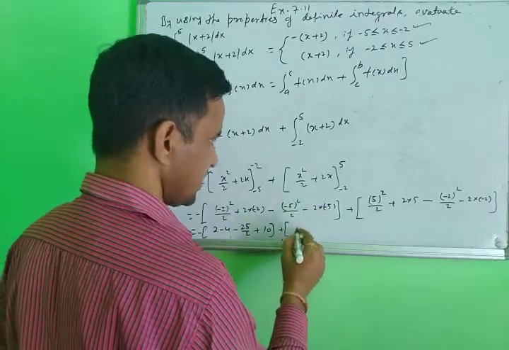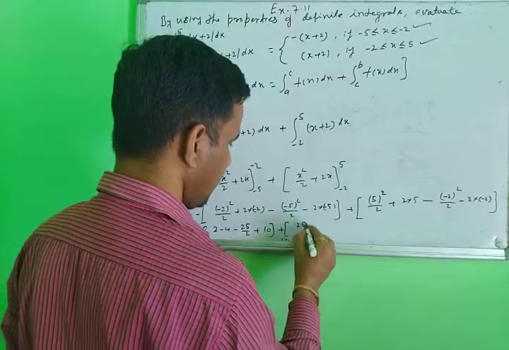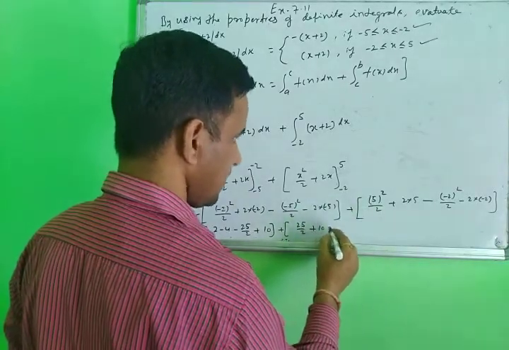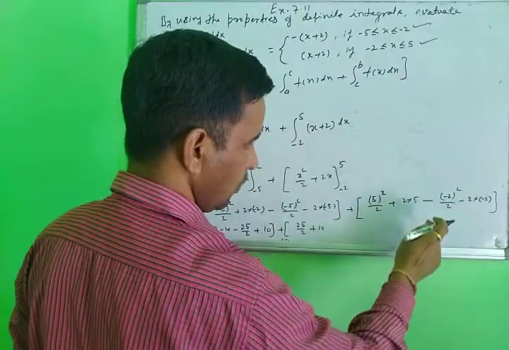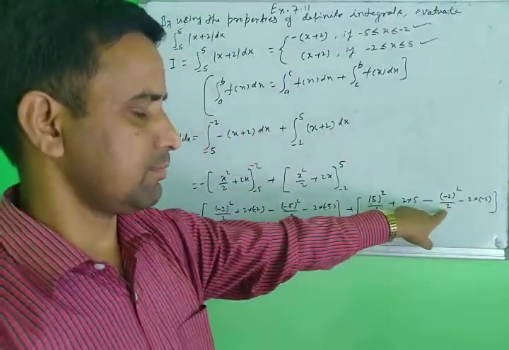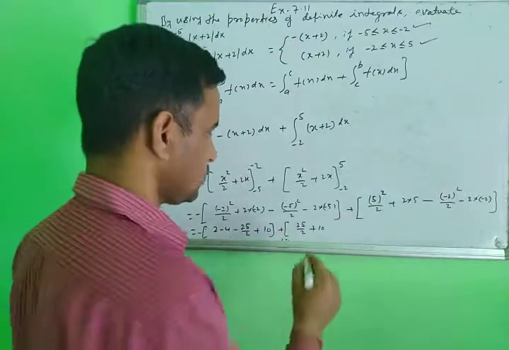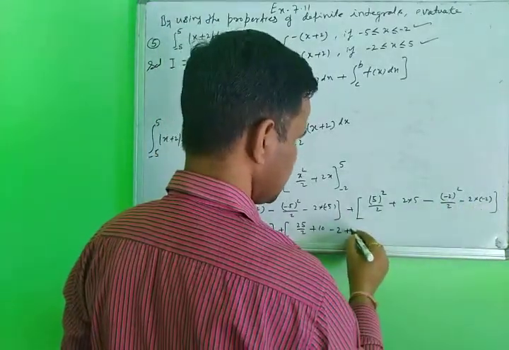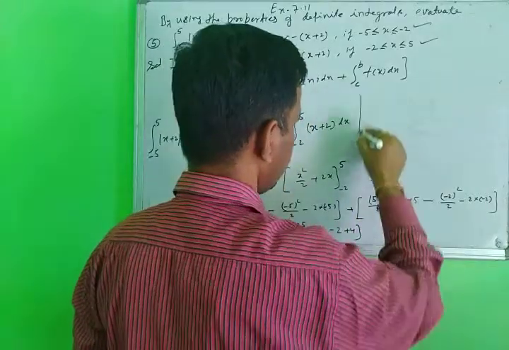And then here, plus sign, the same 25 by 2, plus 10, and 4 divided by 2 is 2, then minus 2 comes, and minus minus here is plus 4. So what result comes here?